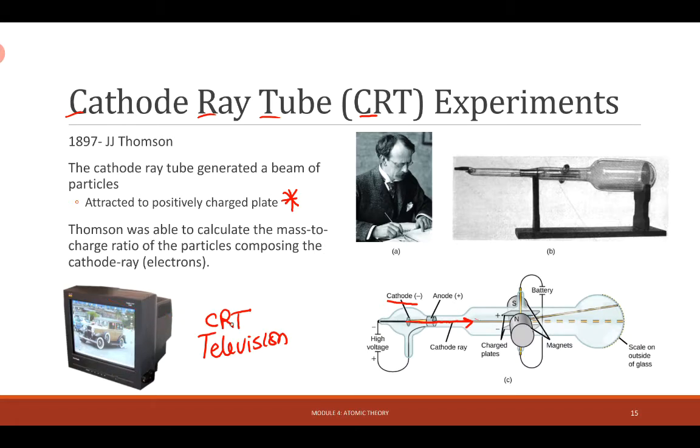So if you think about it, J.J. Thomson was an early pioneer in this technology, because the screen would be like this stuff over here lighting up as the electrons hit it.